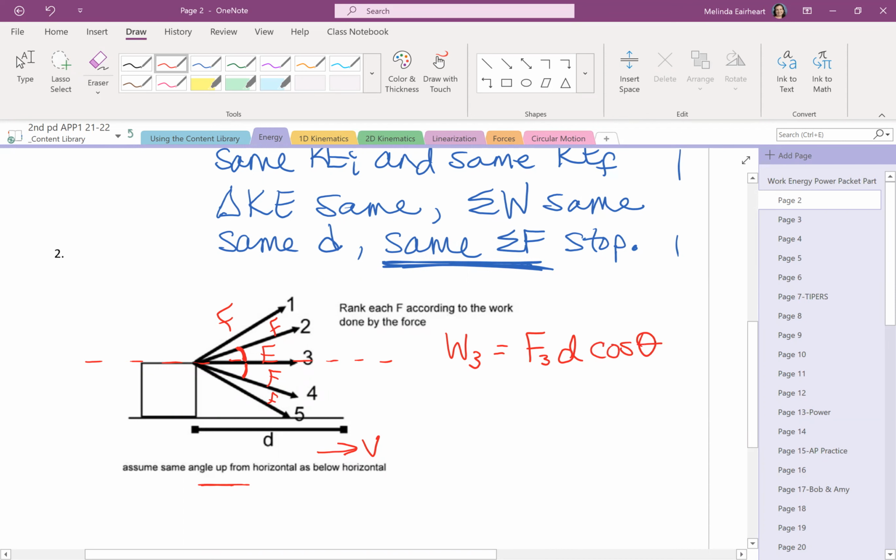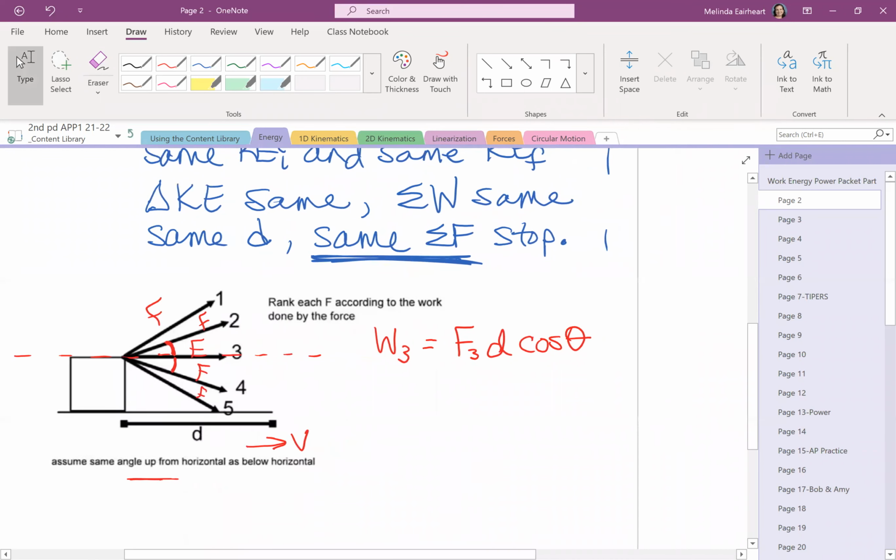What's theta for example 3? It'd be that 0 degrees. And so we're going to get a positive work, no components needed. Everything is in that horizontal direction. And so, yeah, it's going to be the greatest, and I'm going to write that it's a maximum work here.